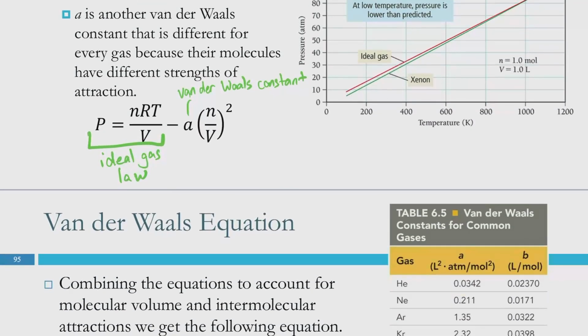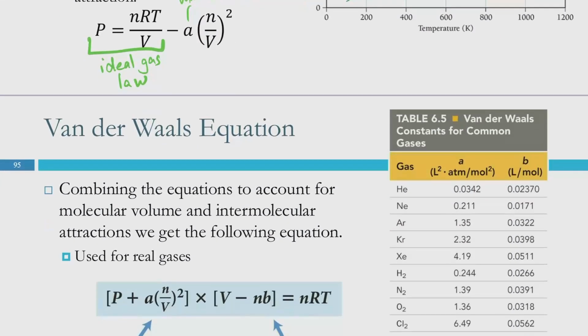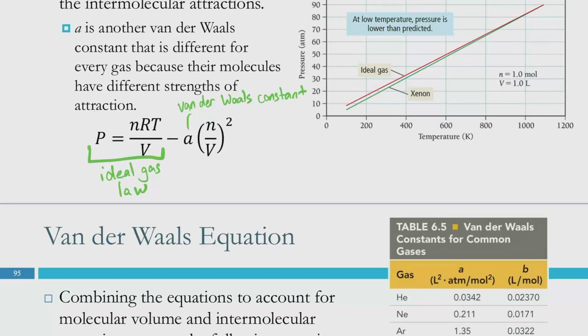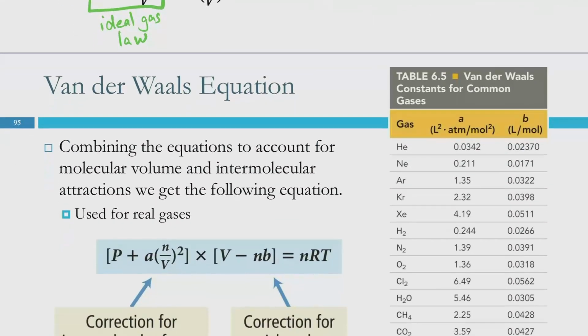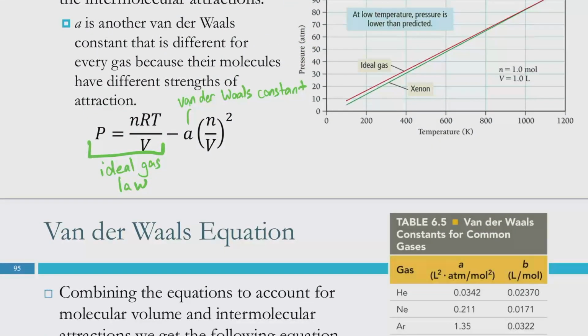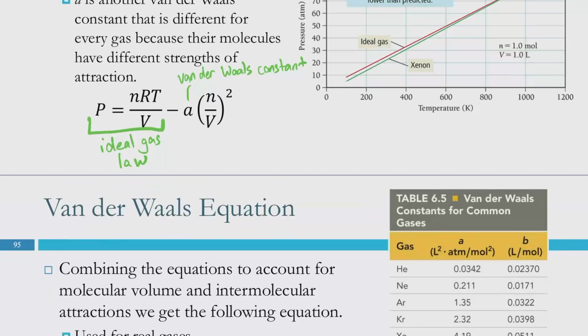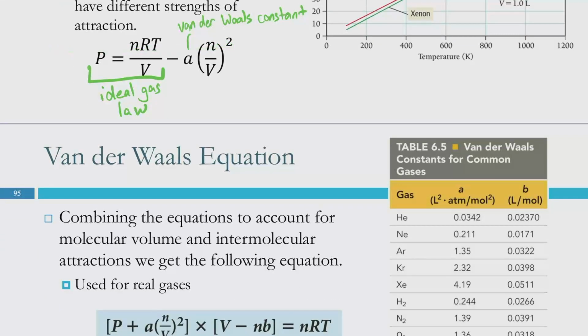And we can combine both of those equations together. So the way that we do this, if you set both of our van der Waals equations that we looked at with nRT on one side, so you would have P plus this A n over V squared, set that over to one side.